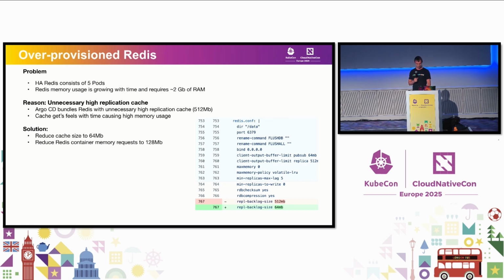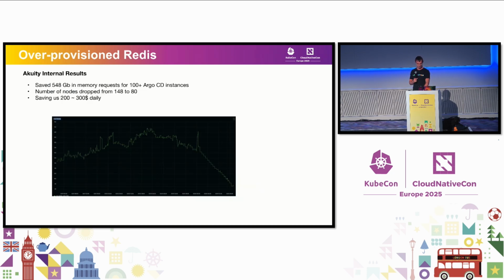So we changed it in all our instances to 64 megabytes, and reduced memory requests. This is a screenshot of the change we've made. We used to run almost 150 nodes, and eventually the number of nodes dropped from 150 to 80.